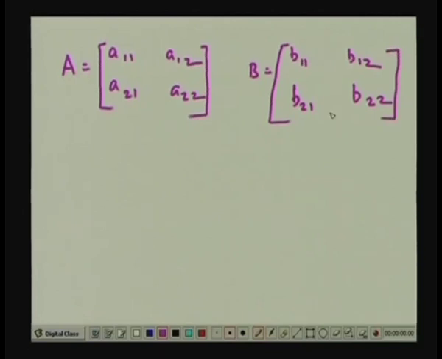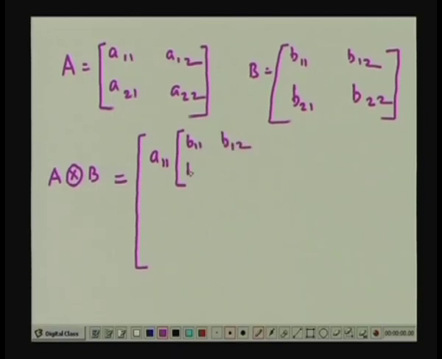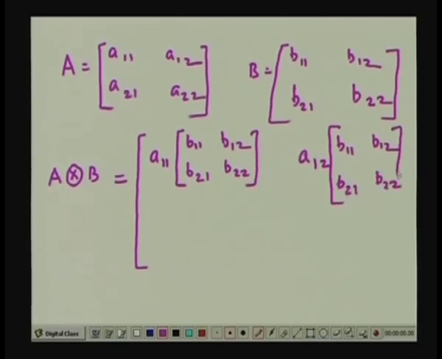Then the Kronecker product will be A11 times the matrix B, then A12 times the same matrix B, A21 again times matrix B, and A22 again times matrix B. So, this entire matrix is the Kronecker product of the two matrices A and B.